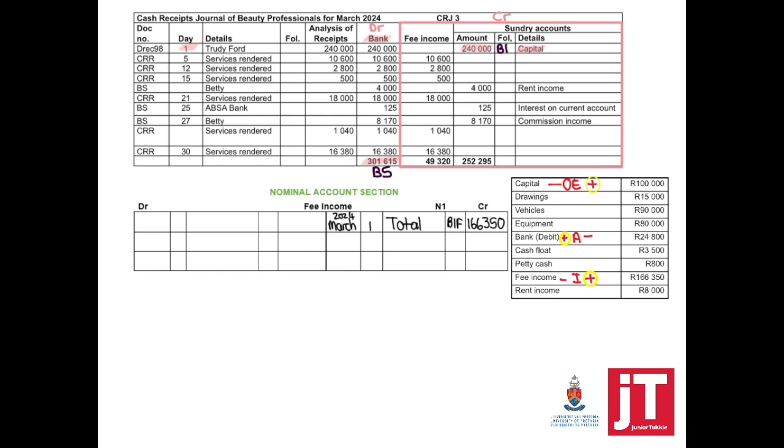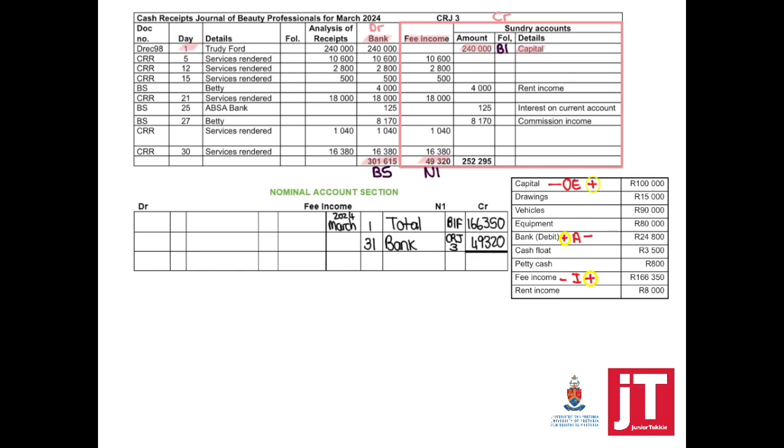Step number 2, from the cash receipts journal, our fee income 49,320 must be taken to the credit side of the general ledger account. From which journal? From the cash receipts journal, my details, bank. That is the contra account. And we indicate that we've posted it to account number N1.